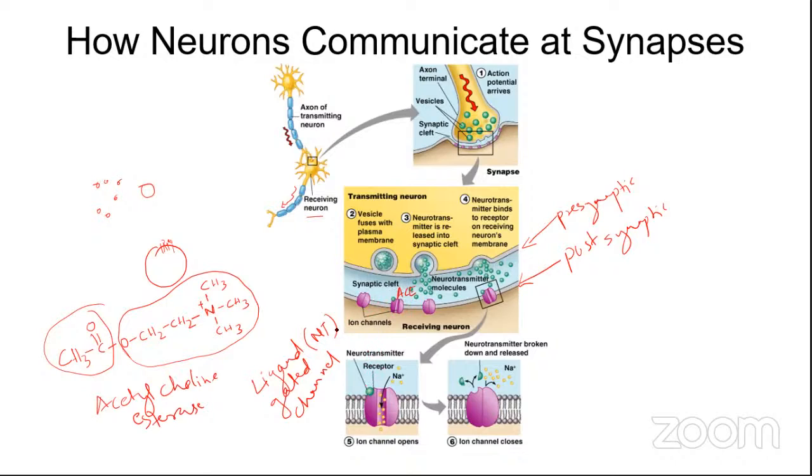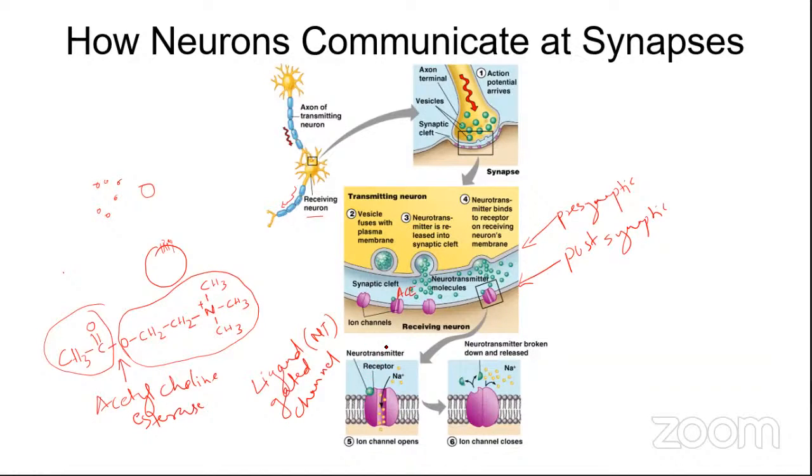Okay. So if it binds to acetylcholine, acetylcholine esterase breaks it down into two components. One is the acetate group, or you can consider acetic acid, and the other is choline. Okay. So it gets broken down into acetate and choline. So if it is getting broken down into acetate and choline, it can no longer act as a neurotransmitter.